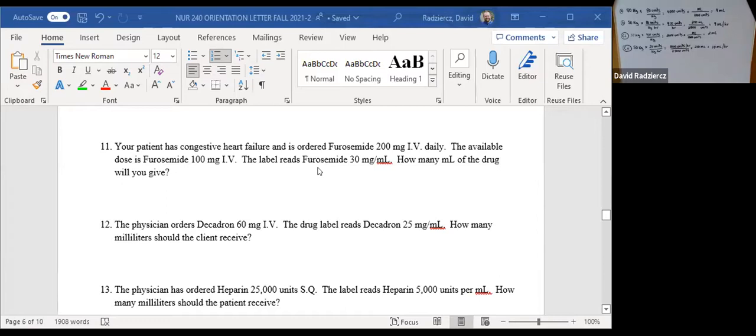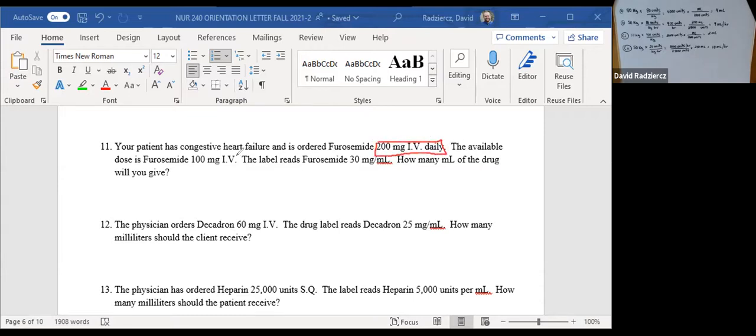Okay, so this is another one of those examples where there's extra information that you don't need in order to answer the question. You have 200 milligrams IV, available as 100 milligrams. The label reads 30 milligrams per milliliter, how many milliliters? The order is 200 milligrams.